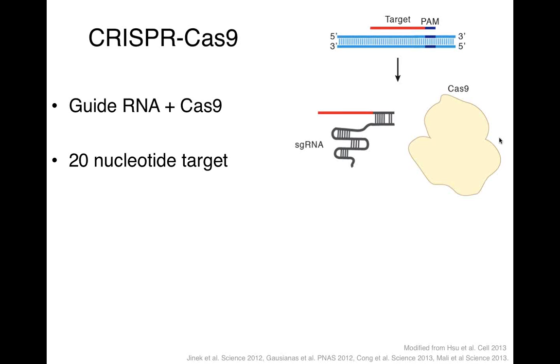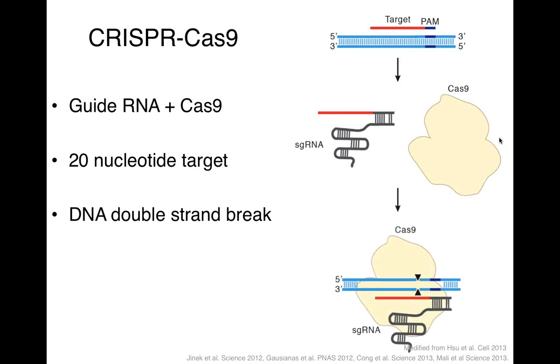And together, this guide RNA can guide Cas9 to the site in the genome where it'll induce a DNA double-strand break, which again will go on to be repaired by one of the two repair pathways we talked about in the beginning. And what sets Cas9 apart from previous technologies is that this process is very efficient.